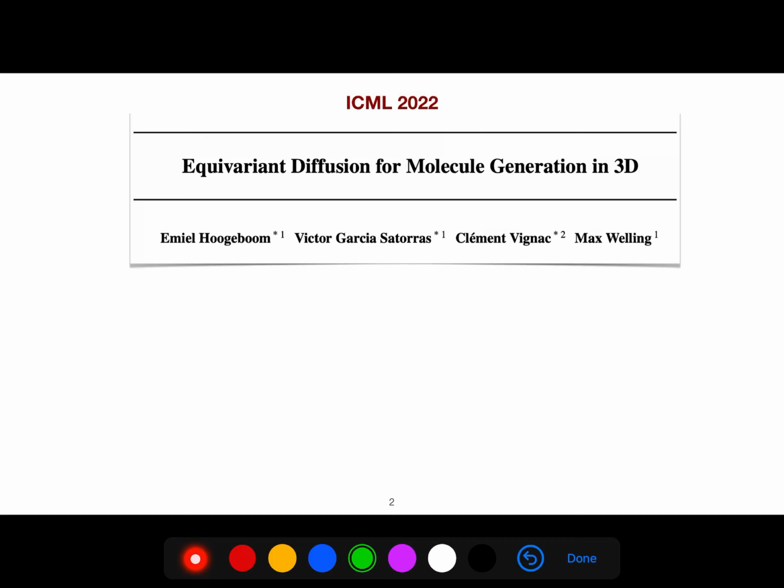Some papers only care about atom types and node types. They can be categorical distributions, so they only talk about 2D graph generation. Some people only consider the case of continuous 3D, but without categorical features.